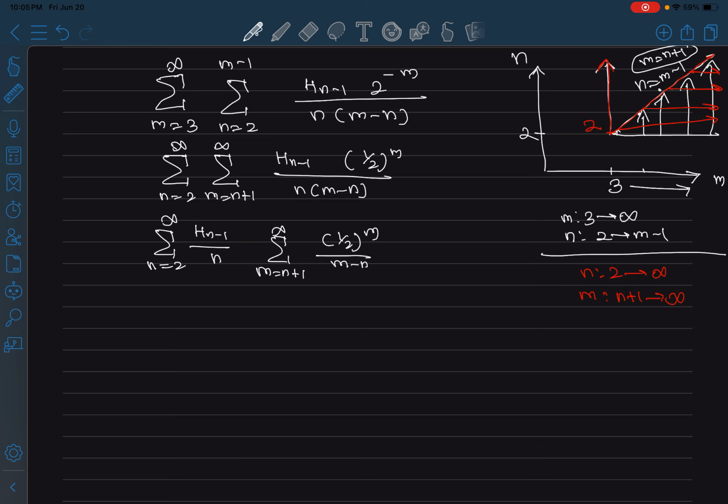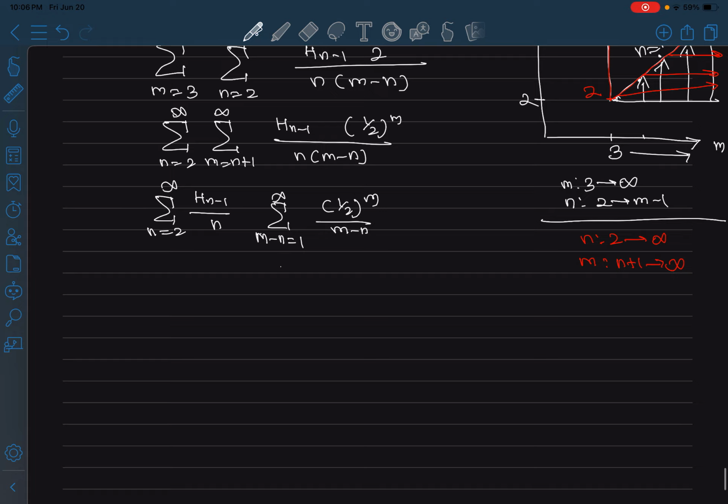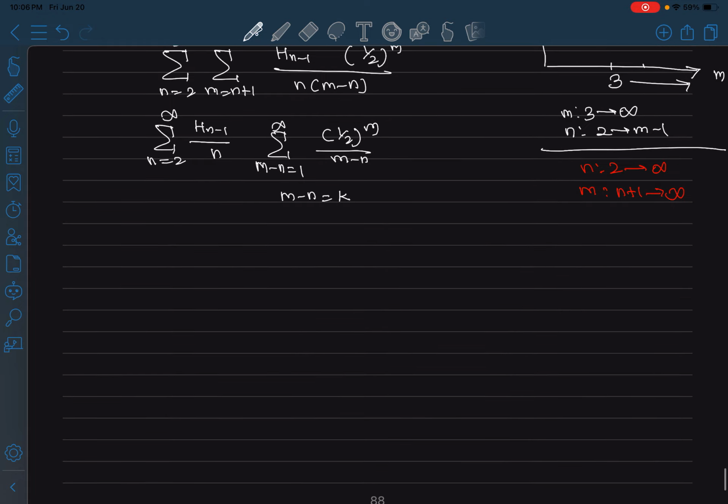Now I guess you guys notice that there's this m minus n over here. I can actually write this sum in terms of m minus n, which goes from 1 to infinity. So what I'm going to do is rename m minus n as a variable k. Just like m was a free variable, now k is a free variable, so it doesn't really matter.